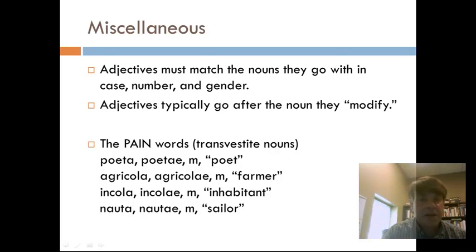By the way, this is the standard way for grammars and dictionaries to list a word like poeta. You might think, well, why do they list that other stuff? This is the genitive singular poetae that follows it. Why? Because sometimes there's some crazy stuff that happens in Latin. Sometimes the genitive doesn't look exactly like the nominative.